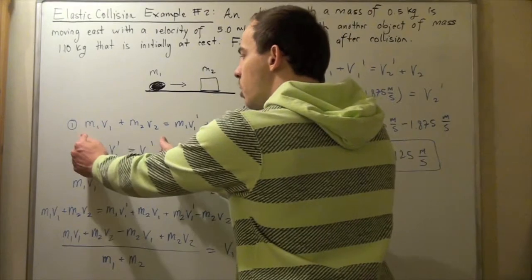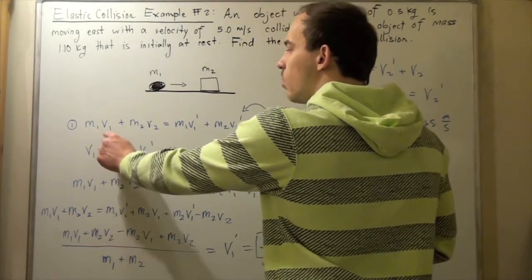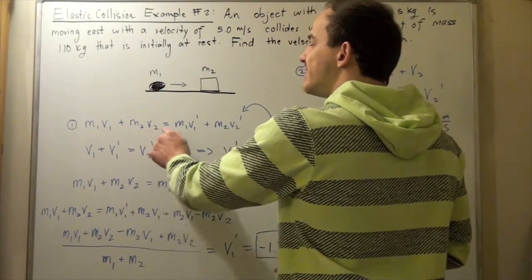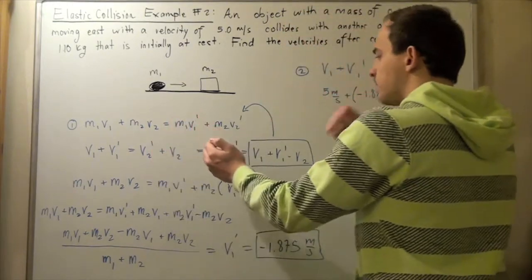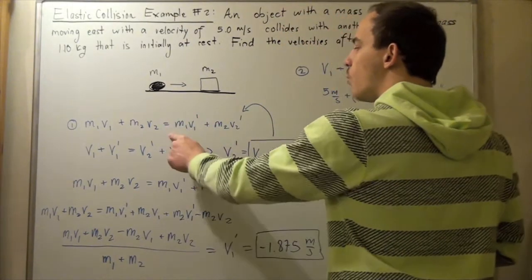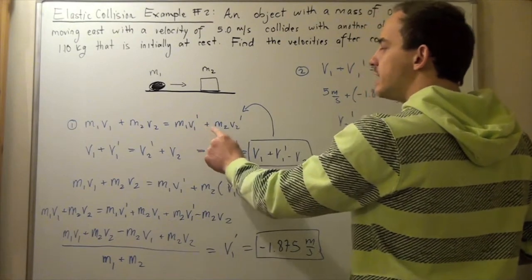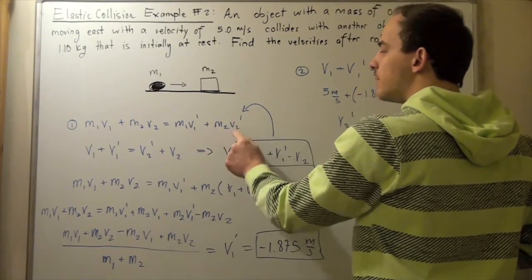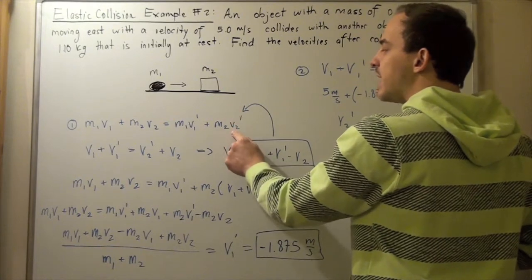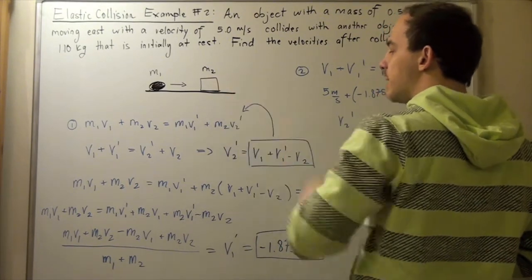So initial momentum, m1 times v1 plus m2 times v2, is equal to the final momentum: m1 times v1 prime, and m2 times v2 prime, where v2 prime is simply the final velocity of object m2.